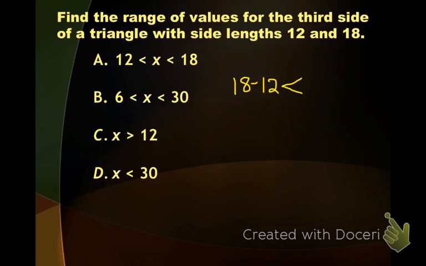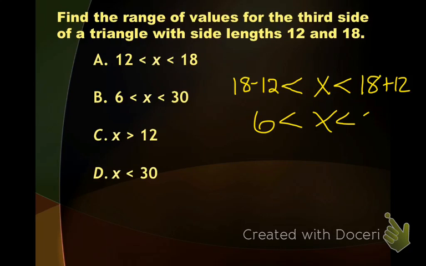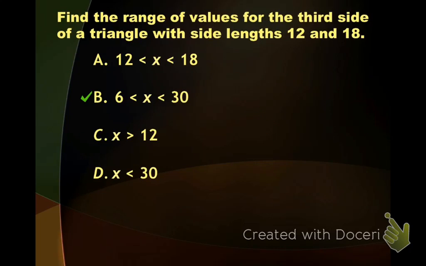And then the maximum, that third side x can't be equal to or greater than the sum of the other two. So this is looking like the inequality where your side length is between 6 and 30. Sure enough. Answer choice B.